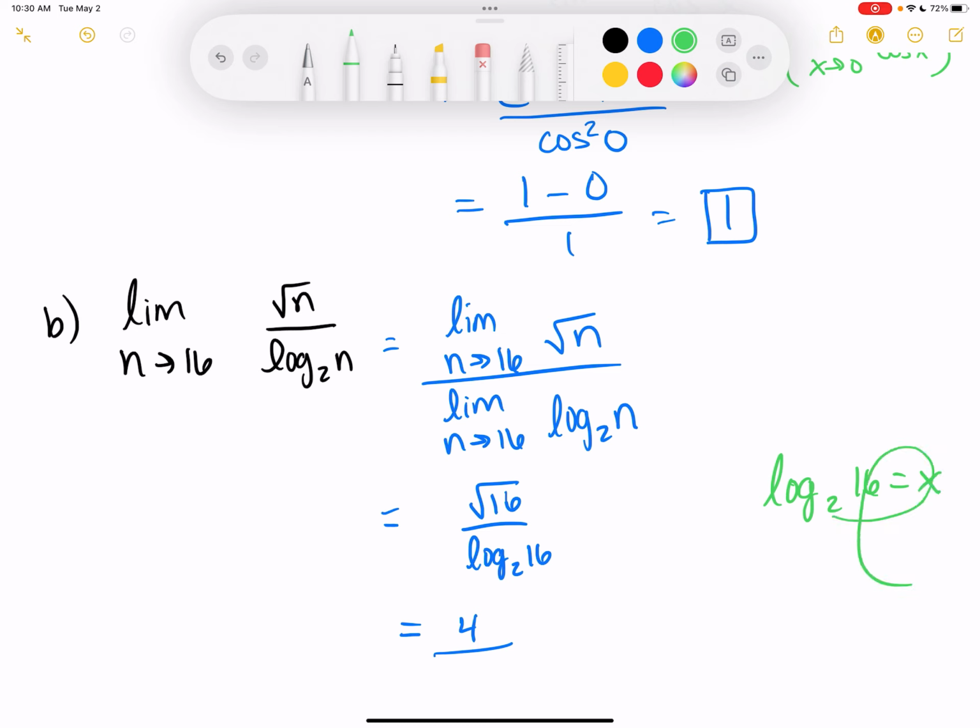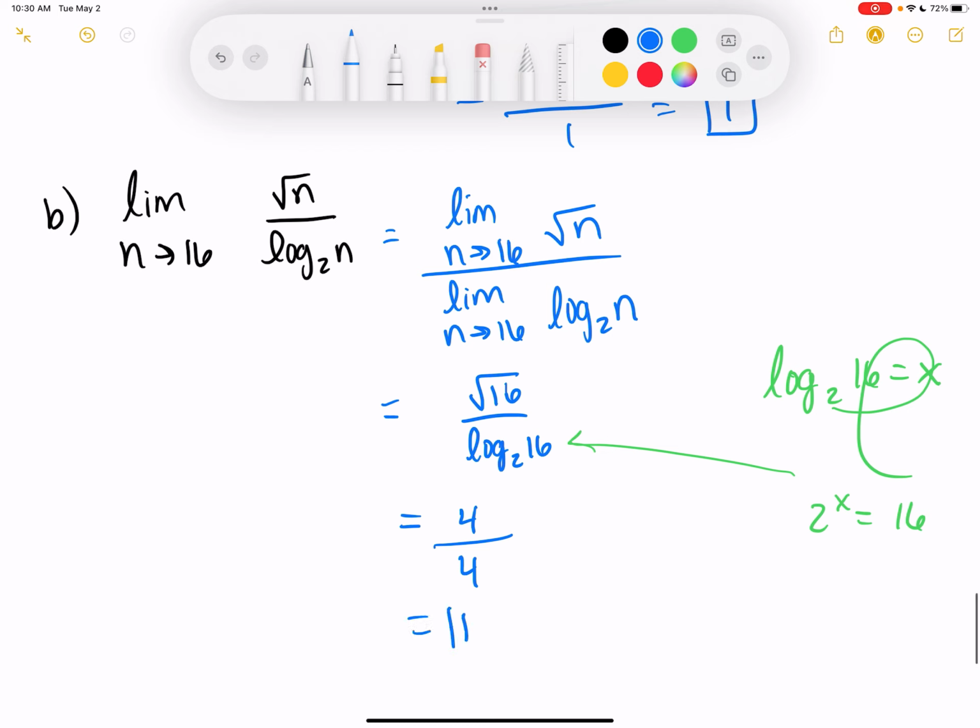So 2 raised to what power gives you 16? 3. No, that's 8. 4. So that's the work for that. So 4 over 4 is 1. It's always 1.